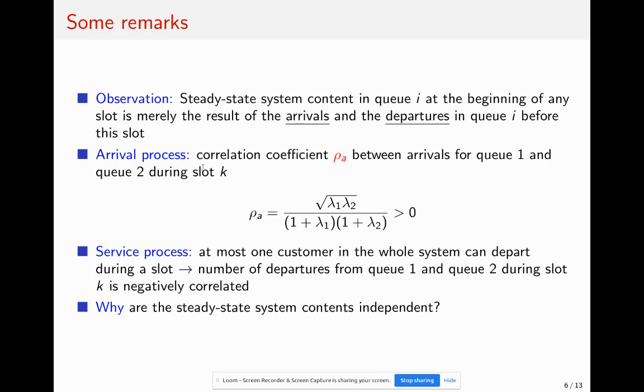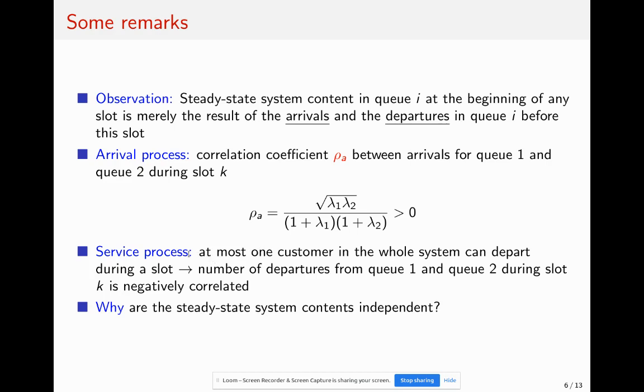And for the arrivals, a very specific arrival process, we can compute the correlation coefficient between the arrivals into the two queues during a slot, and that is given by this expression. Important is that this is always positive. So what arrives at the two queues during a slot is positively correlated.